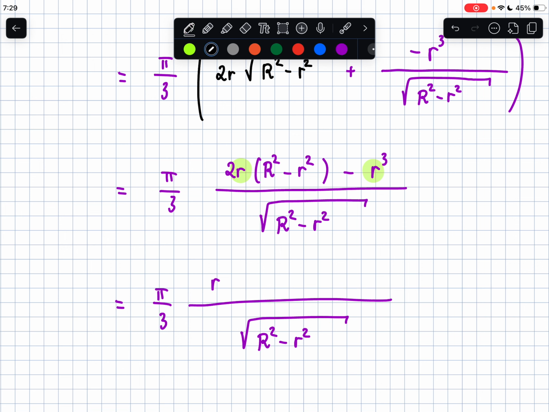Small r, inside you have 2R squared minus 2r squared minus r squared.